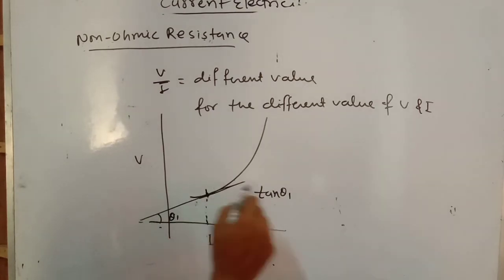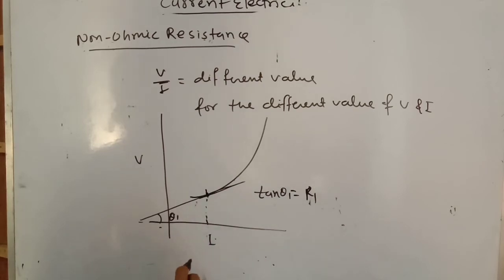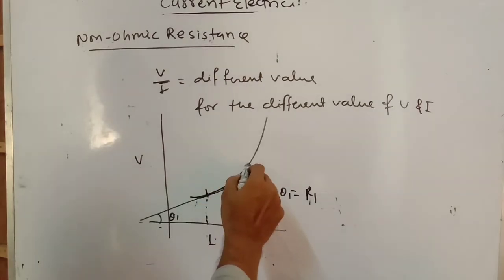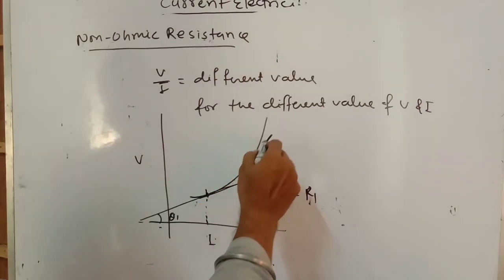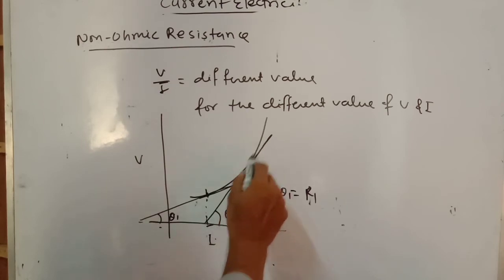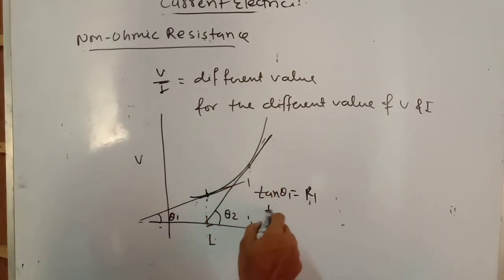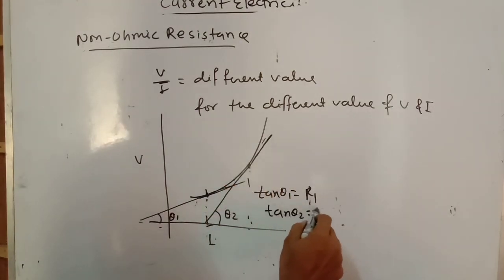So at this point the resistance is R1. Similarly, at this point draw the tangent, let it make an angle theta 2 with the positive axis. The slope of this tangent at this point is tan theta 2.